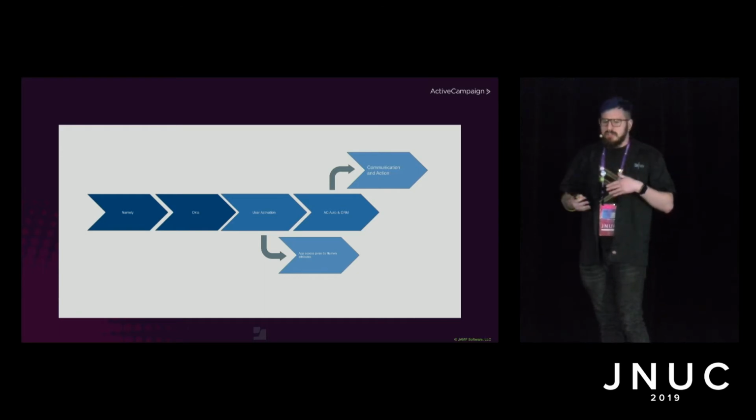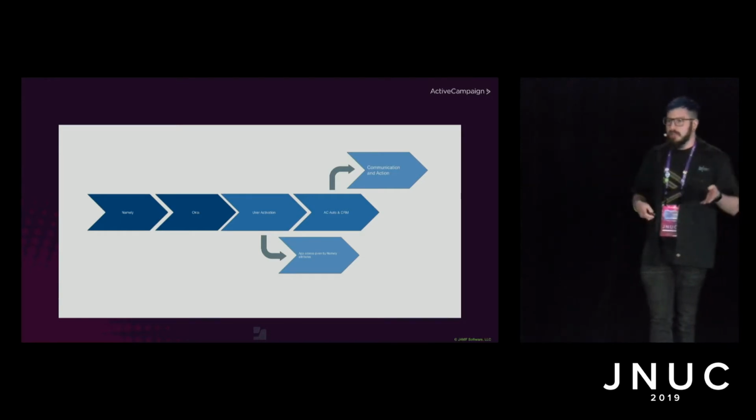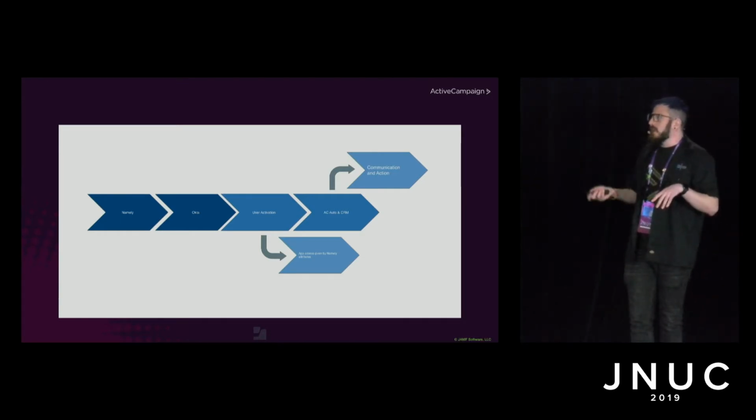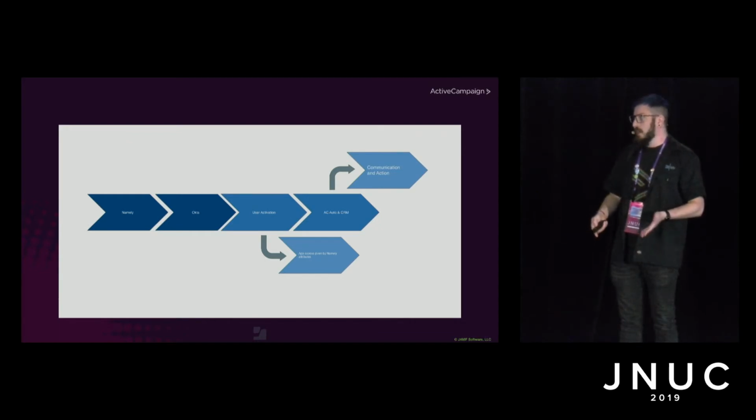And then using the user activation, at the same time that we're able to provision app access instantaneously for our users, we were then able to use the ActiveCampaign platform to have a communication and call to action for our users to sign up and actually use Okta.